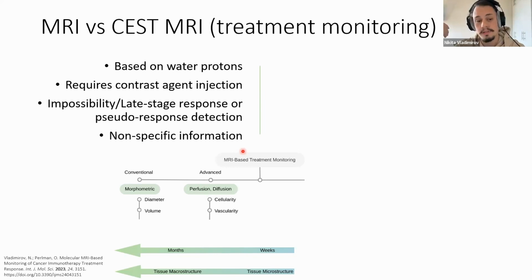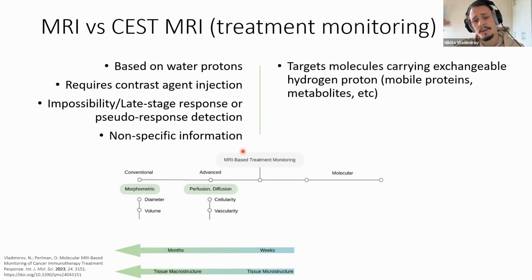While on the opposite, CEST MRI targets not the water protons, it targets the protons inside some molecules which can exchange their saturation with water protons. These are some mobile proteins and metabolites. So our information now is molecular.